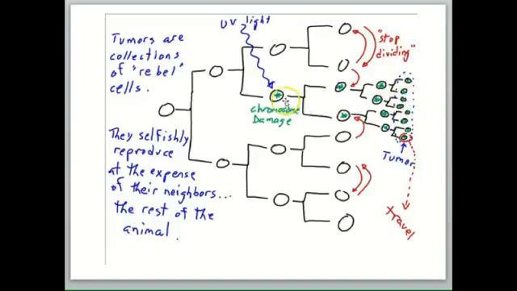So cancer is due to mutations, changes, chromosome damage that dysregulates cells. They become rebels, in a sense. Normal cells listen to their neighbors. They respond to chemical signals. Cancer cells no longer are responsive to the signals from neighboring cells, and they continue to divide uncontrollably, forming a tumor.